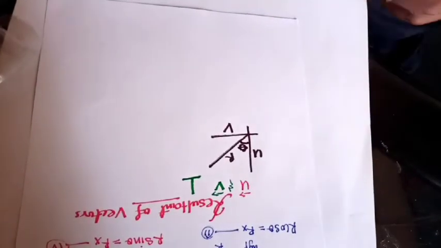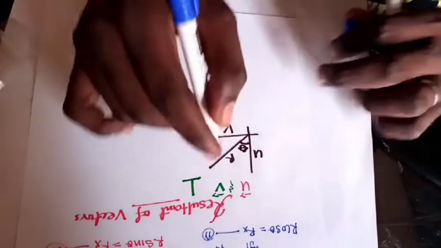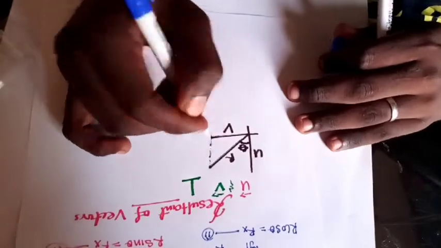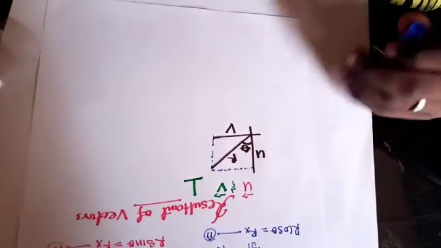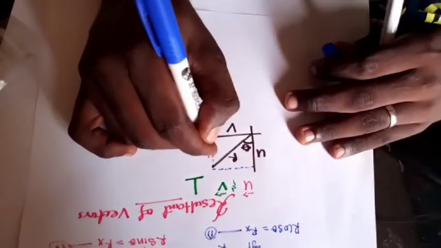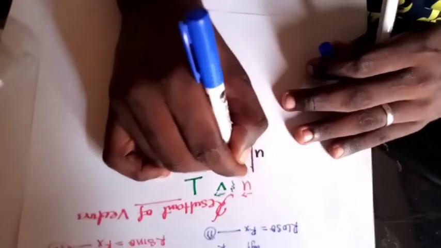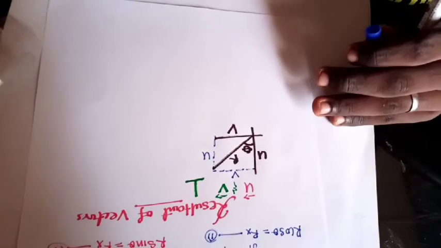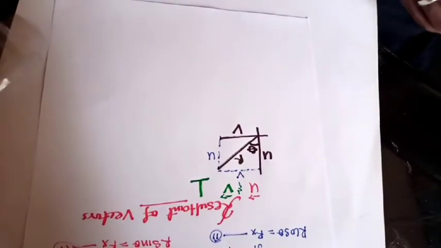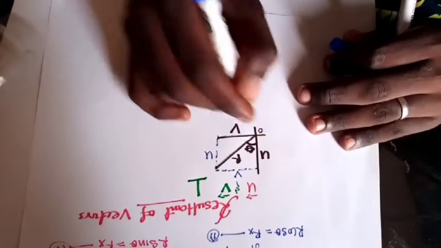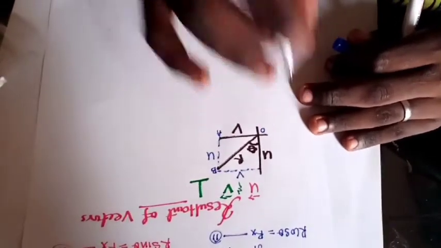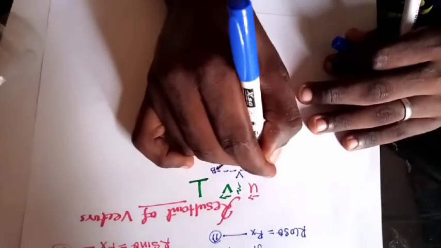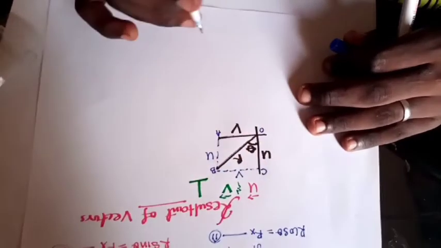So let's say this vector makes its direction with the vertical. I have this vertical component and I have this horizontal component. So here is equivalent to u and here is equivalent to v. Now I can decide to consider right angle triangle OAB, or I decide to consider right angle triangle OCB.